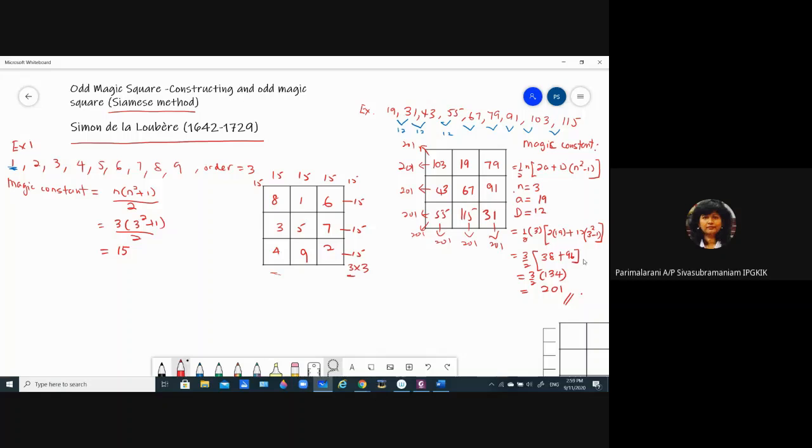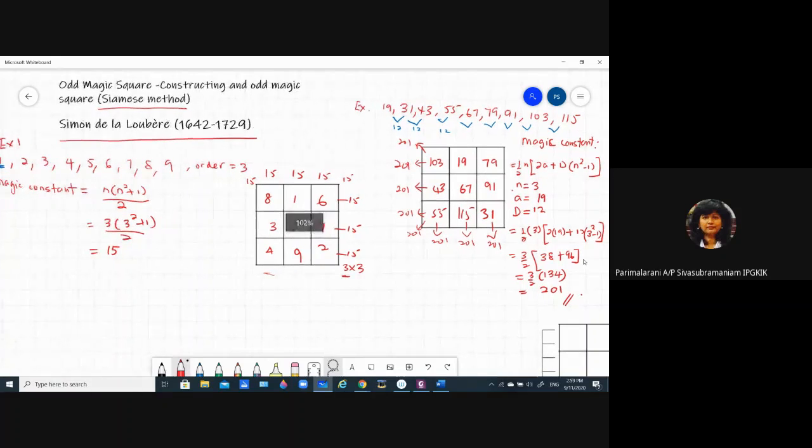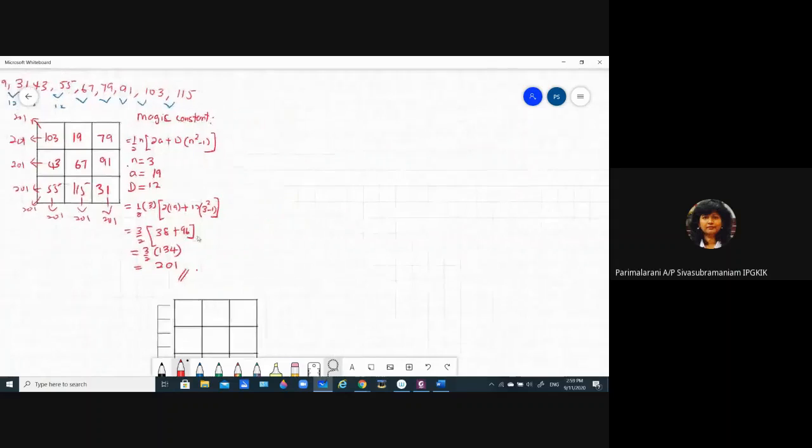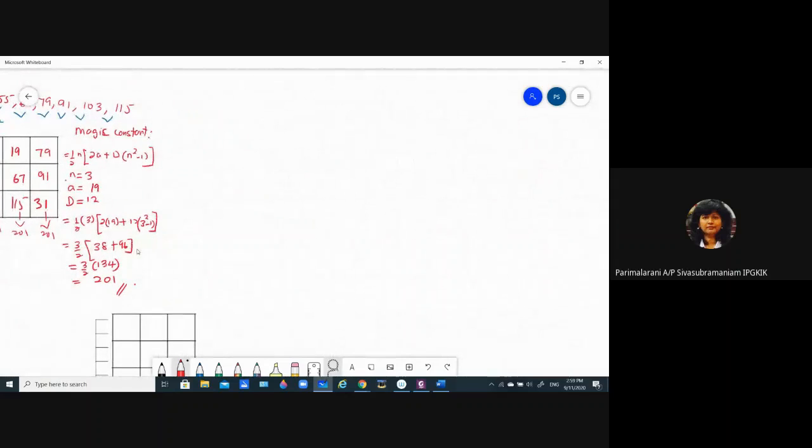Okay, let's do another example. You give me one set of numbers, with the same difference. Any 9 numbers. Anybody want to suggest a number? 5. Okay. Next number.